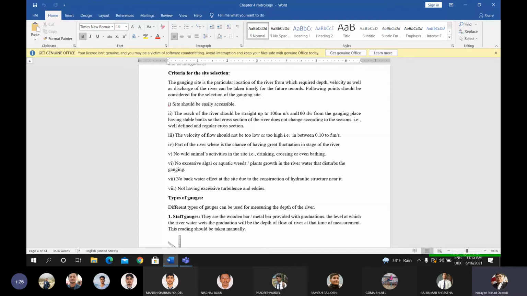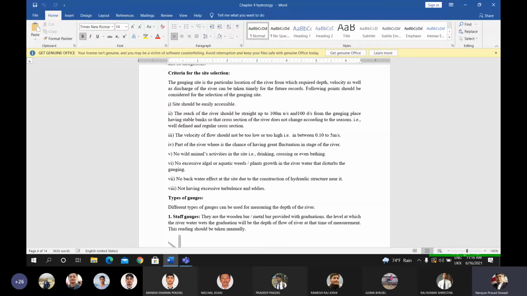If there is deposition of sand or boulders near the site, and if there is a chance of erosion of the banks, then the section of the river will change. So for that we must select the stages of the river where there is no chance of erosion of the beds and banks.